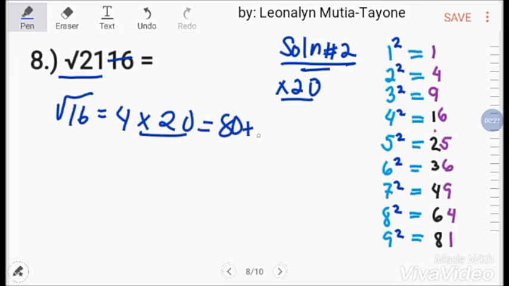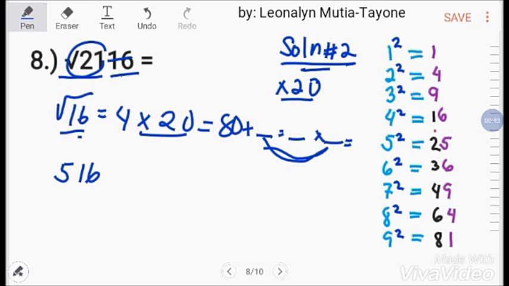Ngayon yung 80, mag-add tayo kung ano yan, and multiply kung ano man yan. Dapat pareho siya. 21 minus 16, and that is 5. So, bring down mo yung 16 dito. We have 516. Yung 516 dapat nandito yan.